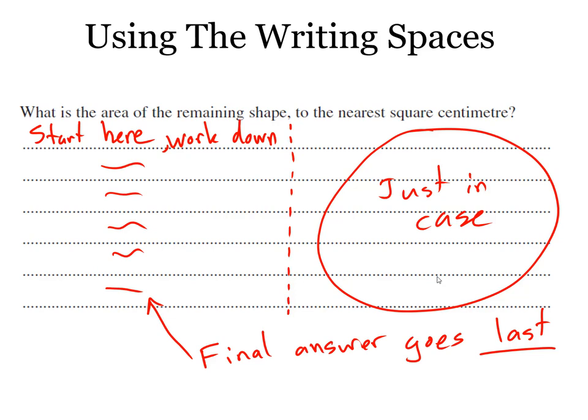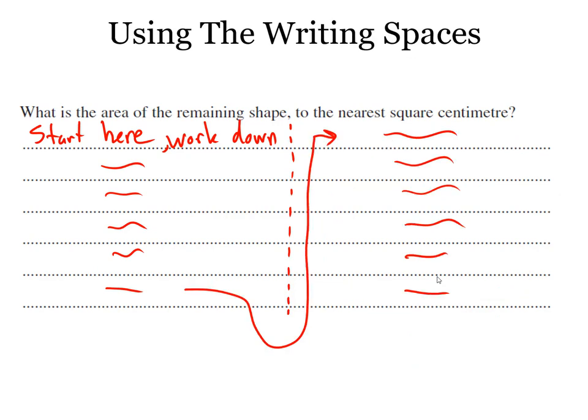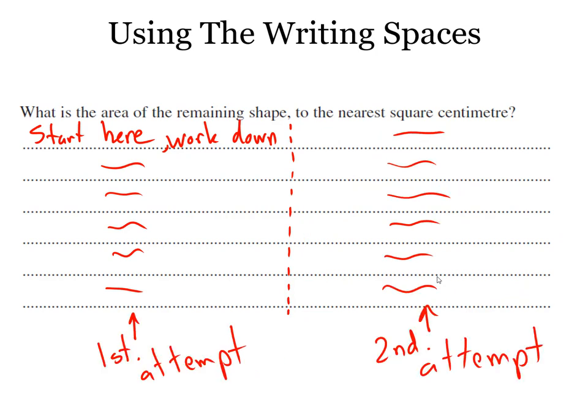That leaves the right-hand side of that space just in case you change your mind and you want to have another go, or you just don't have enough room. You might decide that your first attempt was a bit dodgy, so then you might have a second attempt. Don't cross the first one out until you have finished the second attempt.